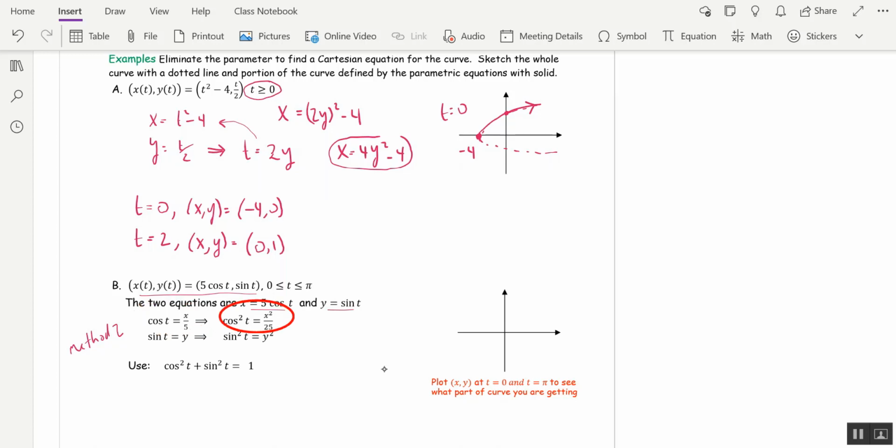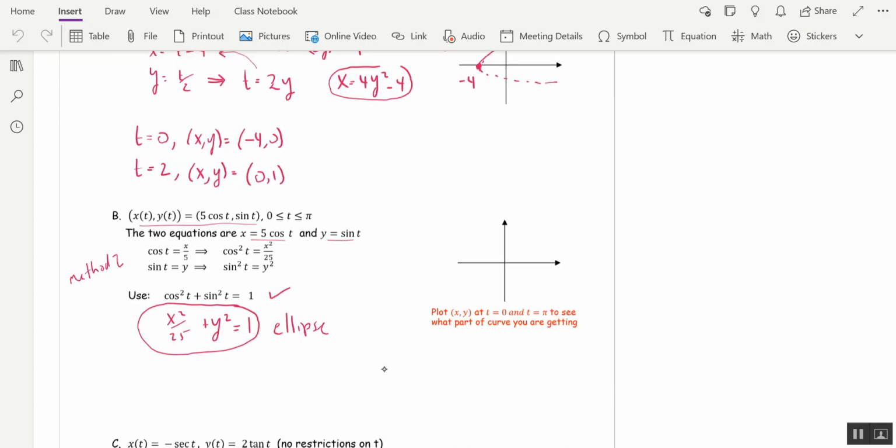Cosine squared t is x squared over 25. Sine t is y, so sine squared t is y squared. And now I'm going to use this Pythagorean identity. Cosine squared I can replace with x squared over 25. Sine squared I can replace with y squared, and that equals 1. So I see now that I have an ellipse.